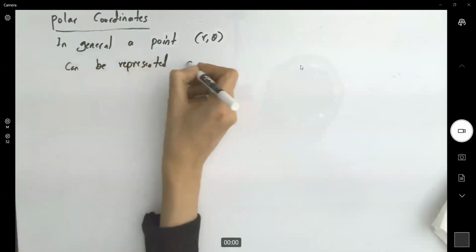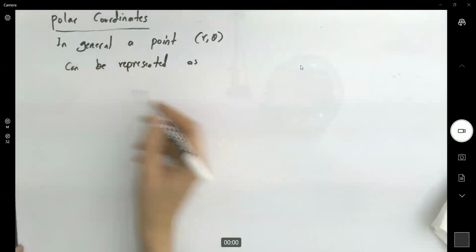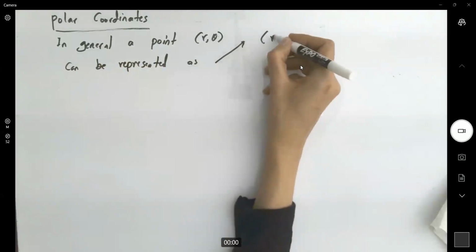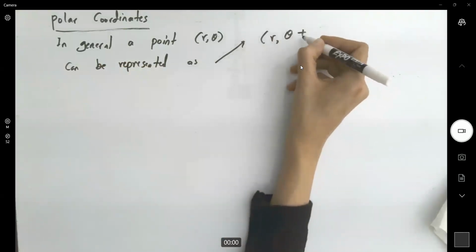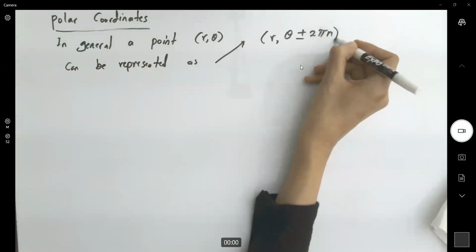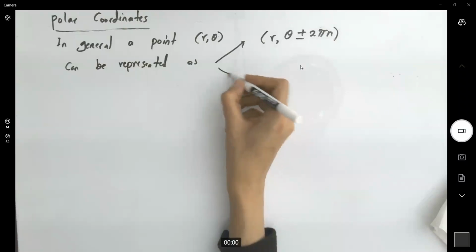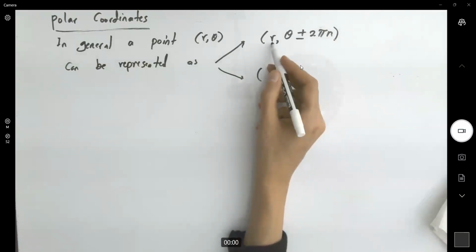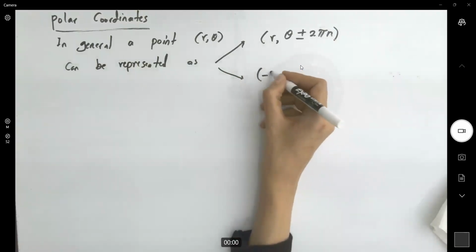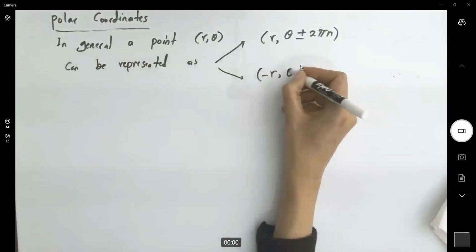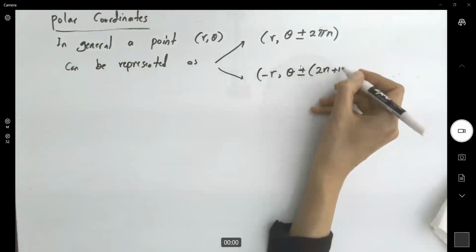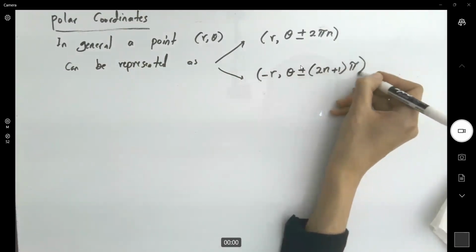The very first option that you have is r and theta plus minus 2 pi n, or since r is directed distance, it means that you can associate a negative sign to it as well. Negative r and theta plus minus 2n plus 1 times pi.